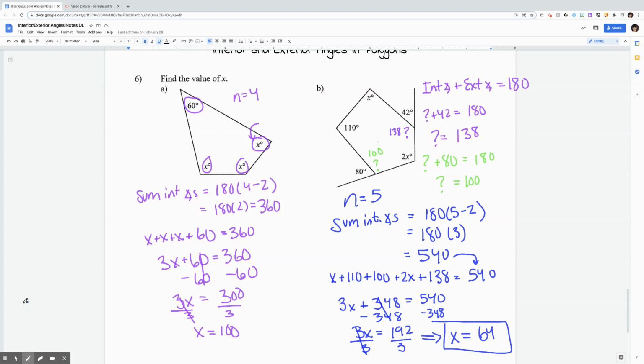So the sum of all of those angles inside that pentagon is 180 times n, which is 5, minus 2. So 180 times 3, which is 540. So that's my sum. So that means all of these angles, 1, 2, 3, 4, and 5, all have to add up to 540 degrees.